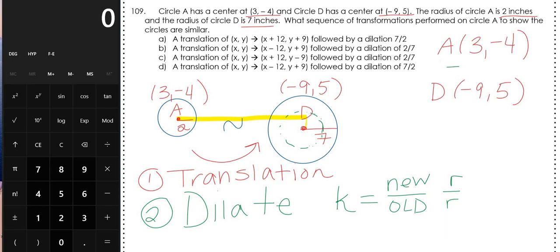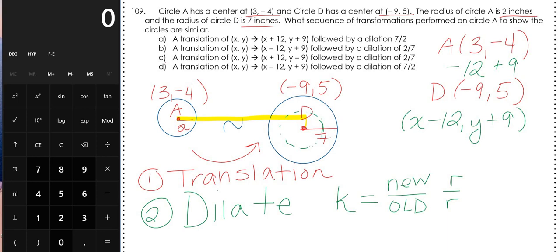You can even put this on a graph and count the boxes if you really wanted to make sure you didn't do this math wrong. But to get from 3 to -9, I'm subtracting 12. And then to get from -4 to 5, clearly I'm adding 9. So my rule should be x minus 12, y plus 9. On a graph, I would move left 12 boxes and up 9 boxes.